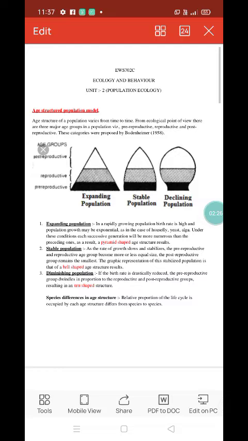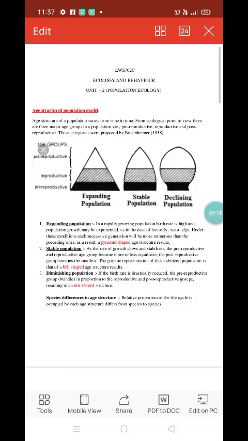The next model is the stable one, also known as bell-shaped. Here we find that the pre-reproductive and the reproductive age group numbers are more or less the same. In the case of certain human populations in certain countries we can find this, and also in other living organisms like plants and animals.